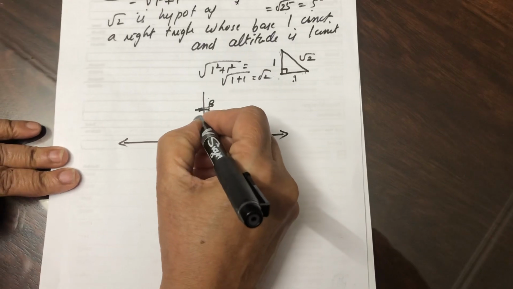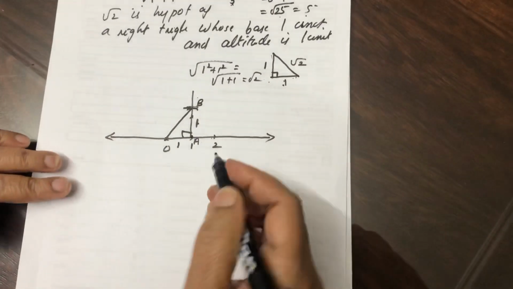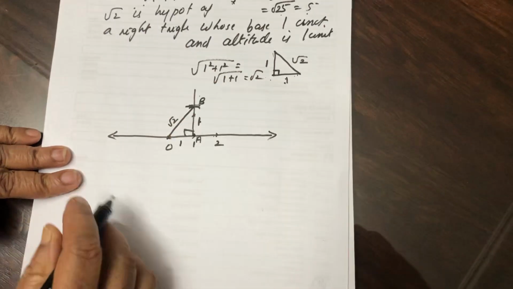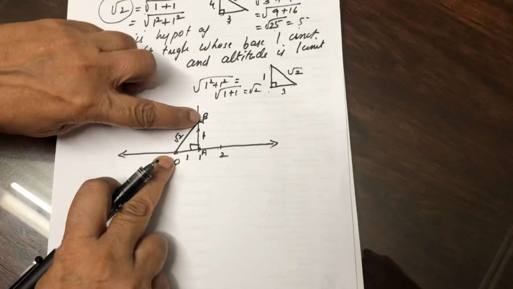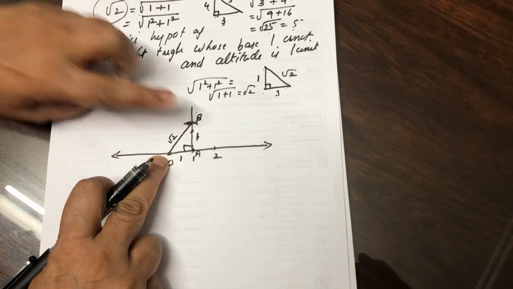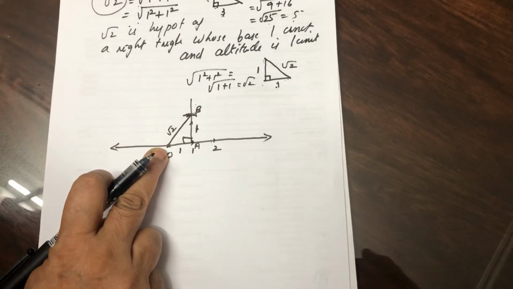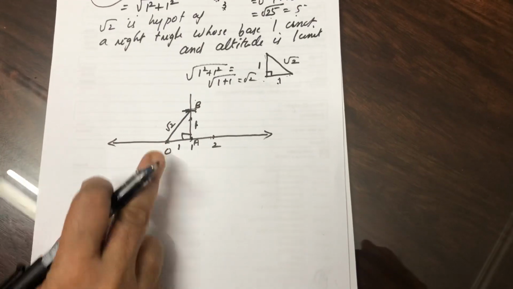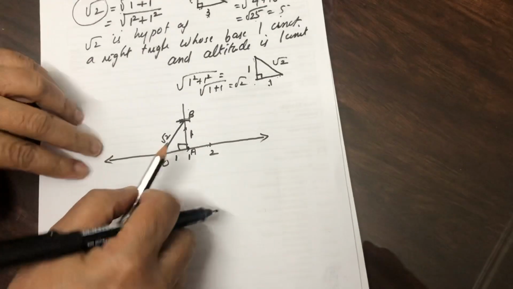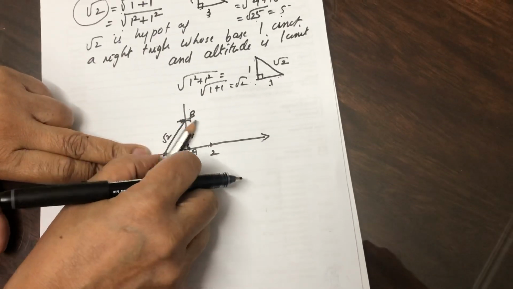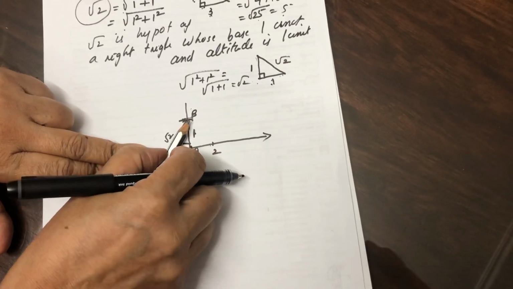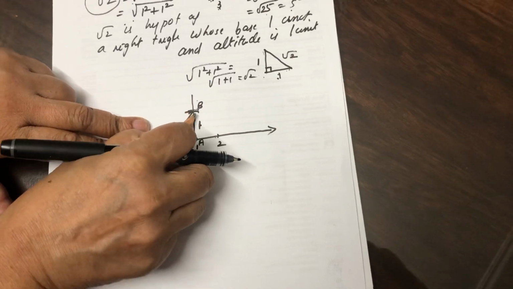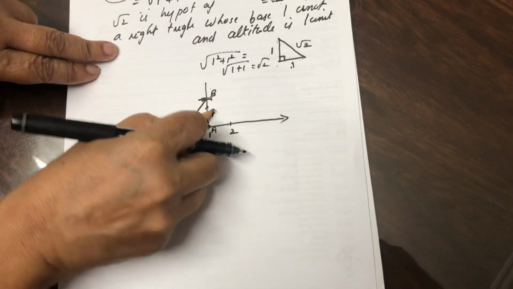Then through this, this is the hypotenuse. The length of this hypotenuse is root 2. How will you mark this root 2 on the number line? You keep your compass at O and with OB as length, you draw an arc like this.